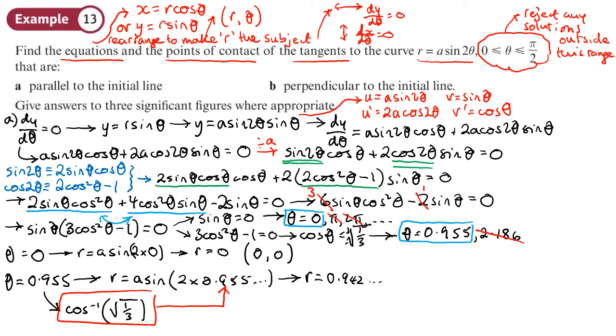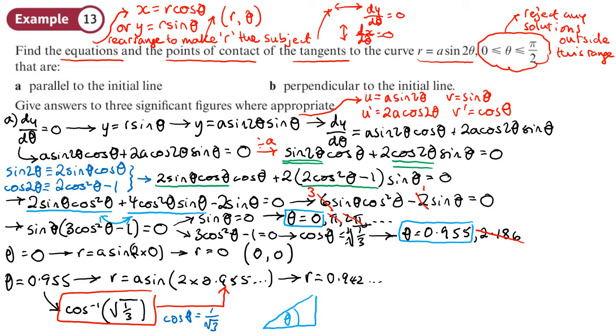So let's use a right angle triangle like this, call this theta, and we had here that cos theta is equal to 1 over root 3, positive.